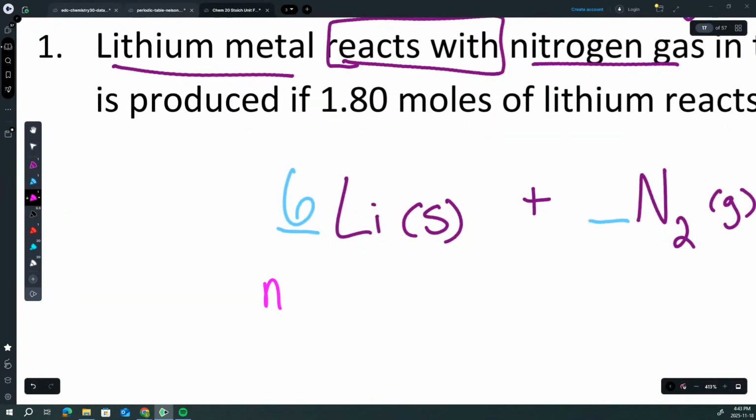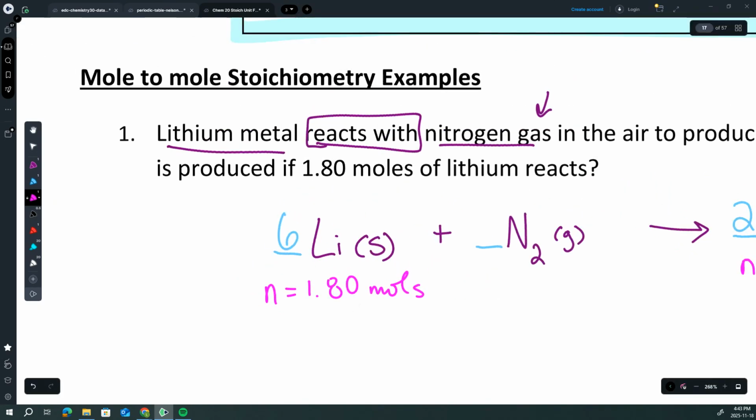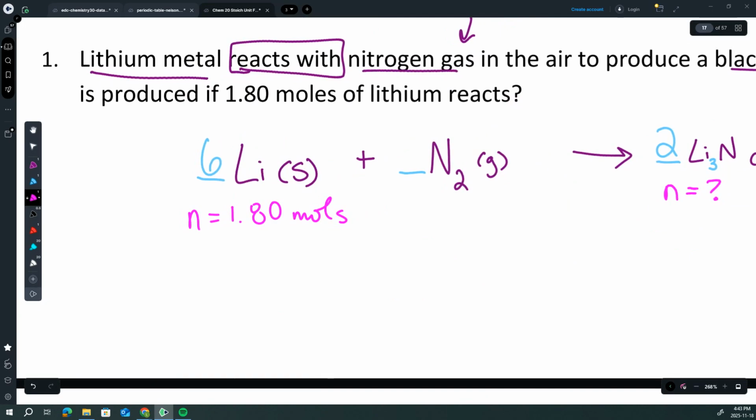So let's put moles is equal to 1.80 underneath lithium. That's what I like to do just to organize my information.